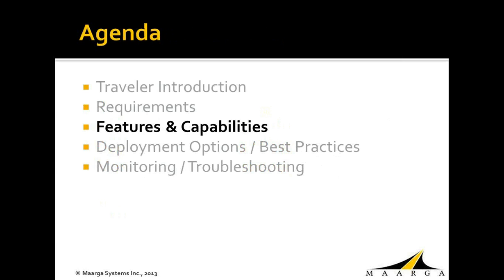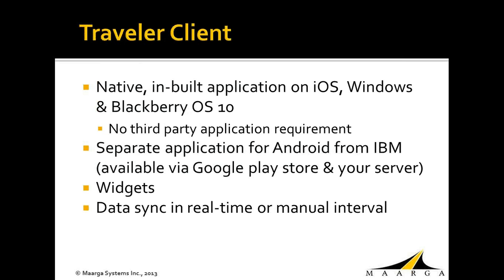Next, let's have a look at IBM Notes Traveler's capabilities and some of the interesting features that it offers. IBM Traveler Server supports the native inbuilt email and collaboration calendar applications on your iOS devices as well as Windows and BlackBerry OS devices.